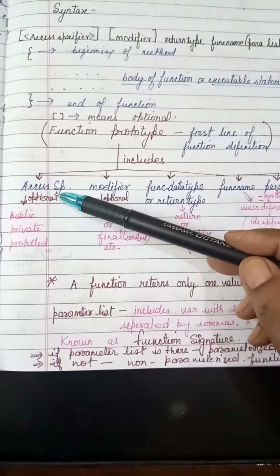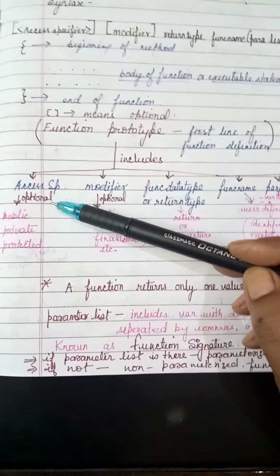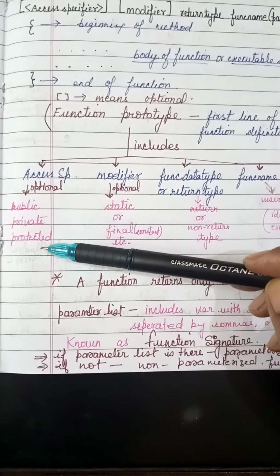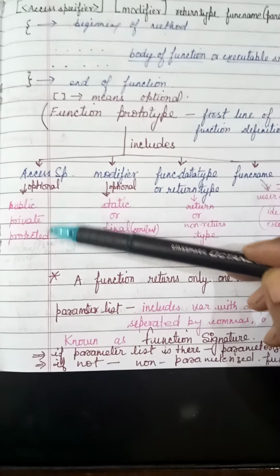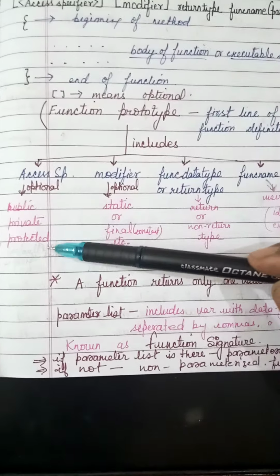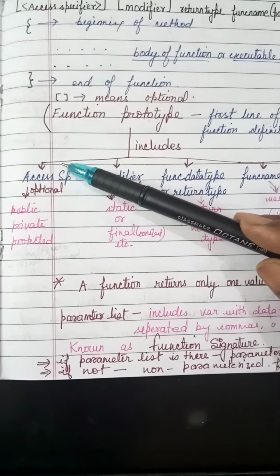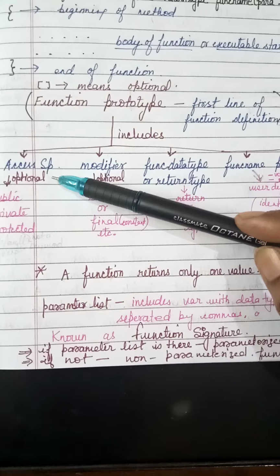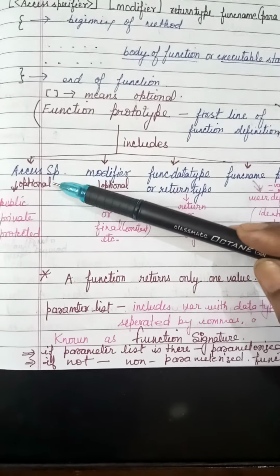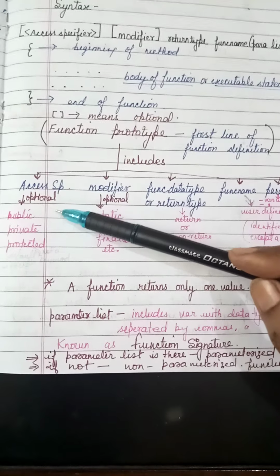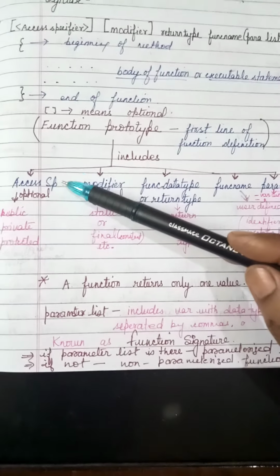Access specifier, this part is optional. These are of public, private, protected and default type. Okay, default is not a keyword actually. Access specifier specifies where you can access this function, the place where you can access.